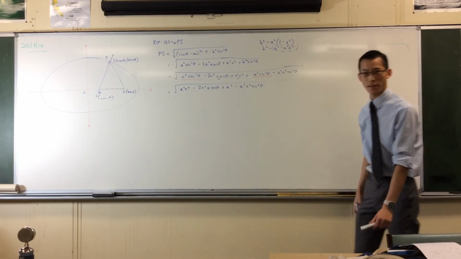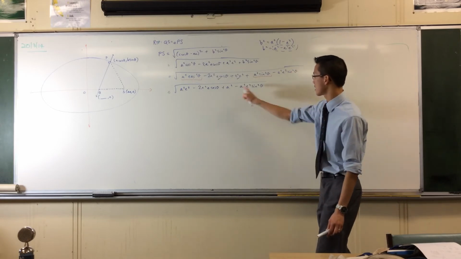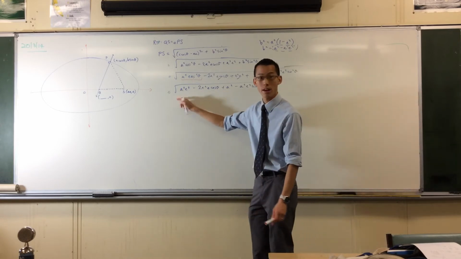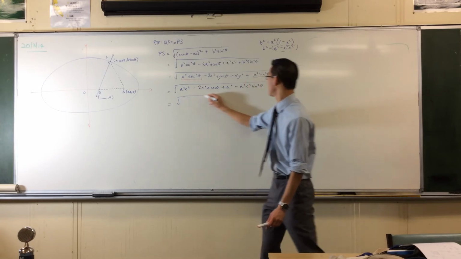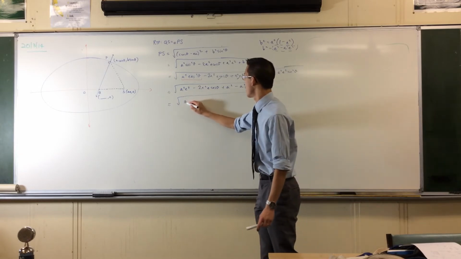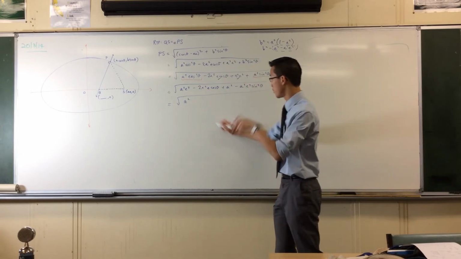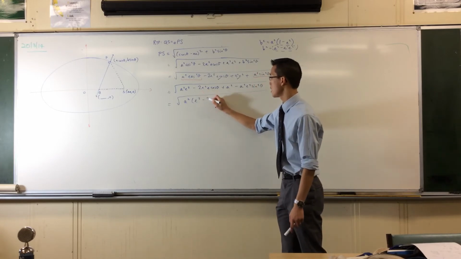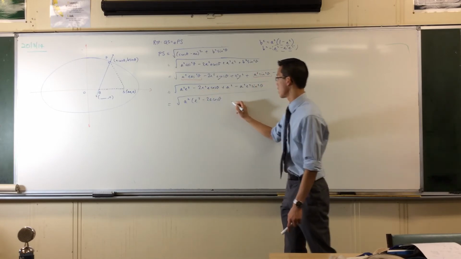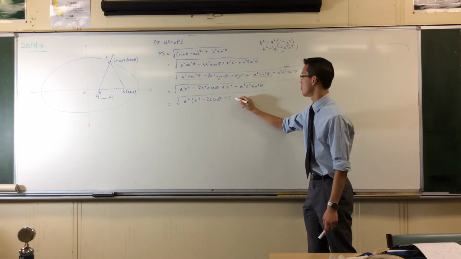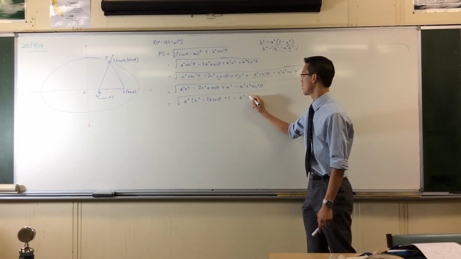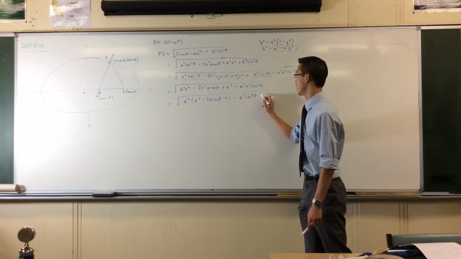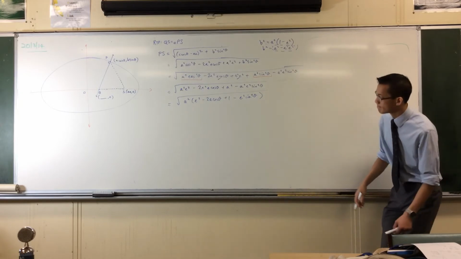I can take out a factor of a squared here, can't I? So that gives me a squared outside of e squared minus 2e cos theta plus 1 minus e squared sine squared. There we go.